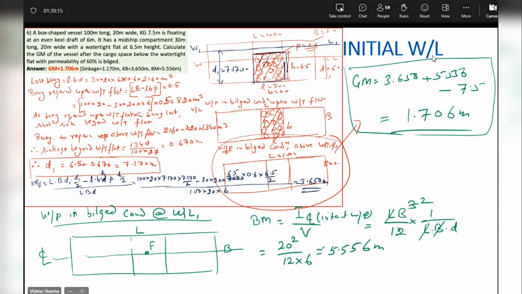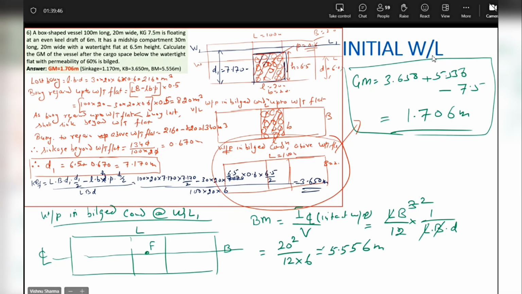And then somewhere a student tends to believe that the calculation of GM is only applicable to bilging of the midship compartment. The way the exercises have been framed and taught, I have not used the word bilging anywhere in the title.